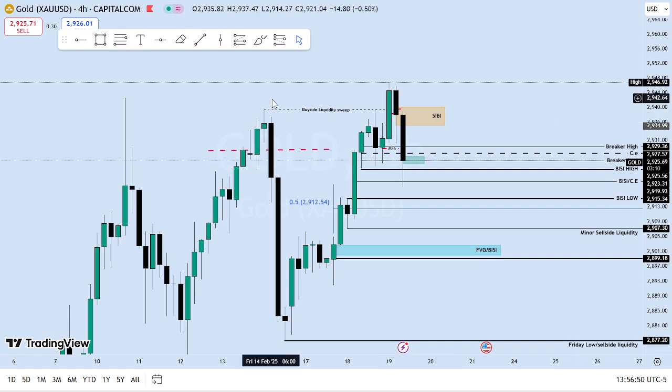You just go to your chart, you will see it there, you see it by yourself, you practice it. You look for the previous day high and previous day low. Once price takes out the high, which is the buy side liquidity, then you go down to your lower time frame to see price action, a break of structure, a displacement, then a fair value gap. You look for the next draw on liquidity, which is sell side liquidity.